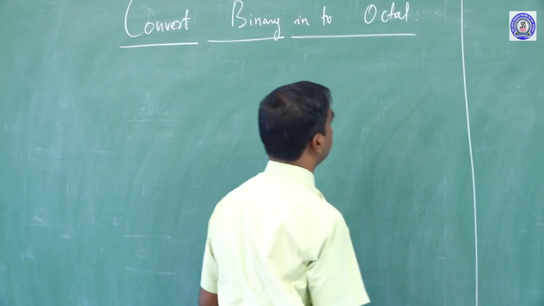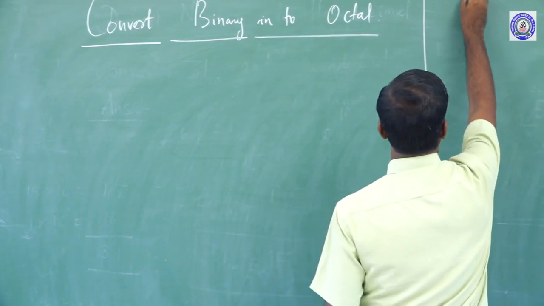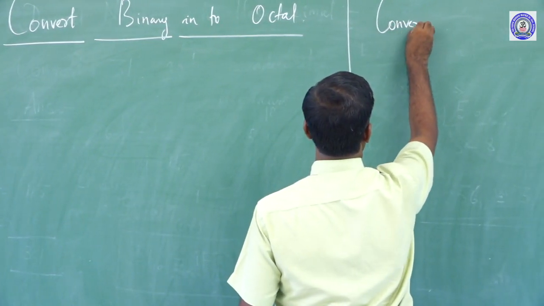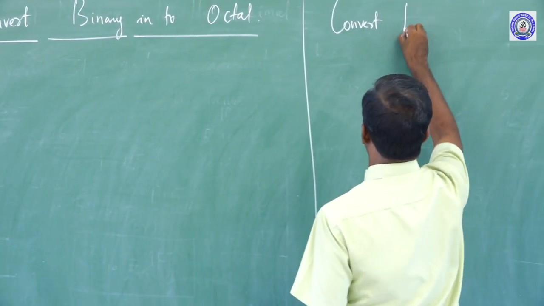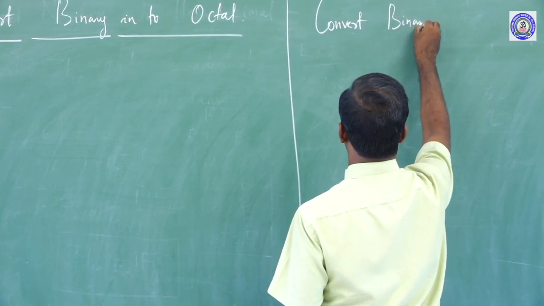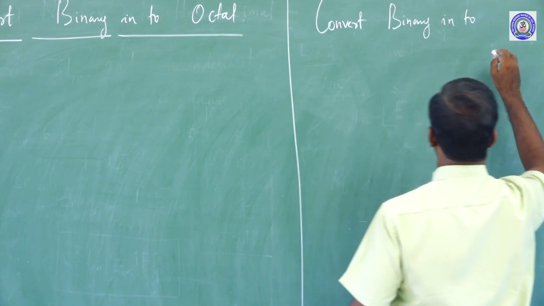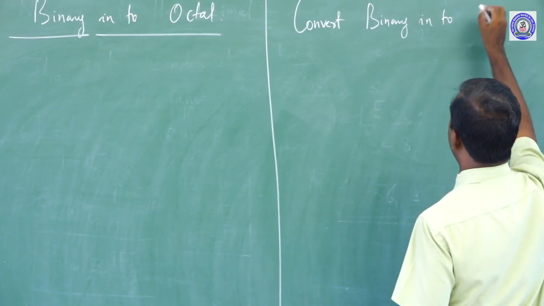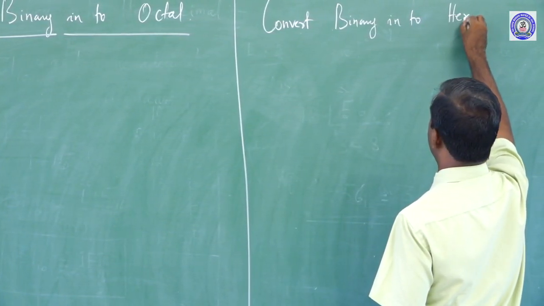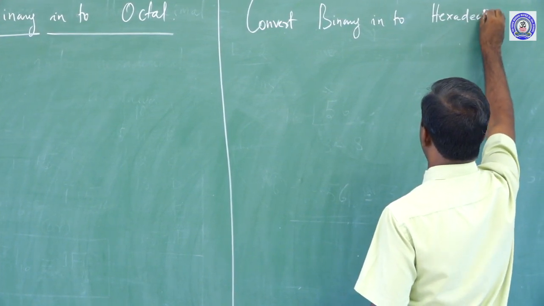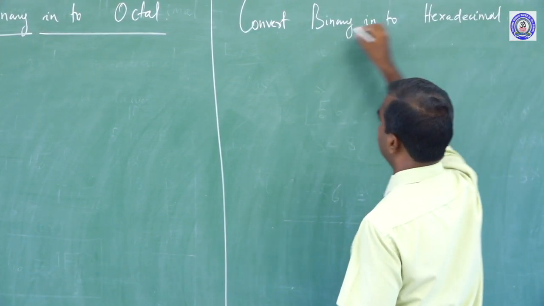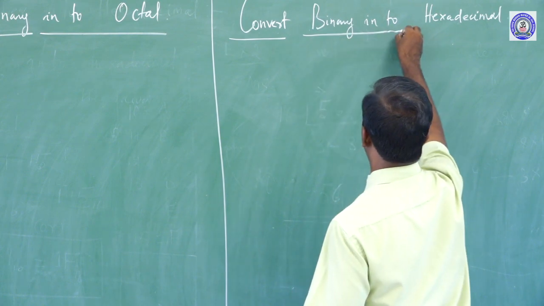Clear? Same: convert binary into hexadecimal. These two methods we will see now.